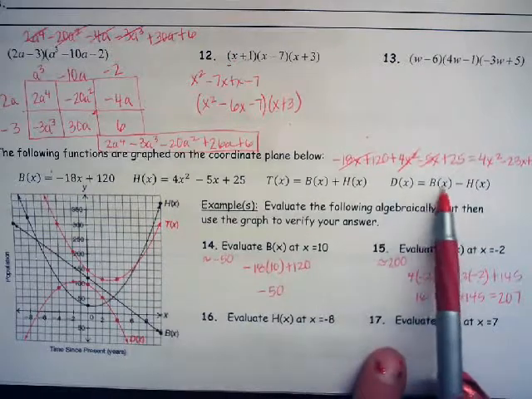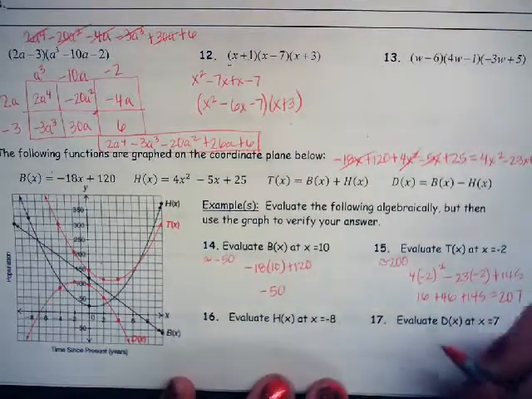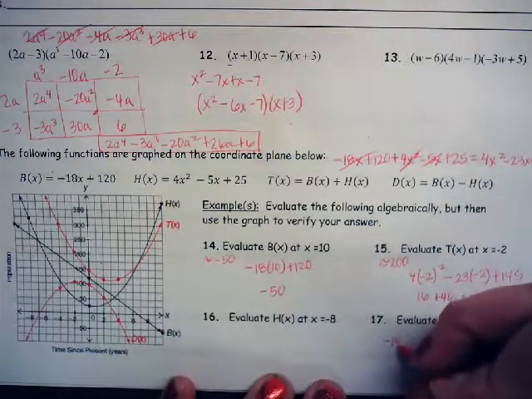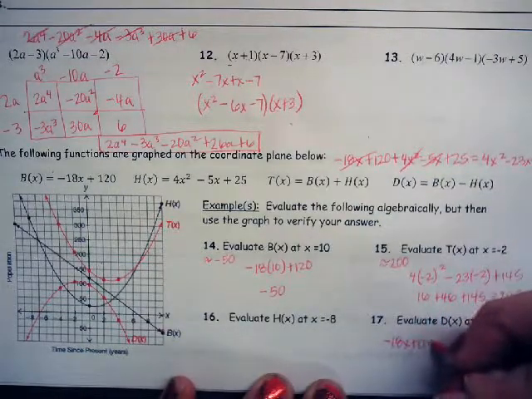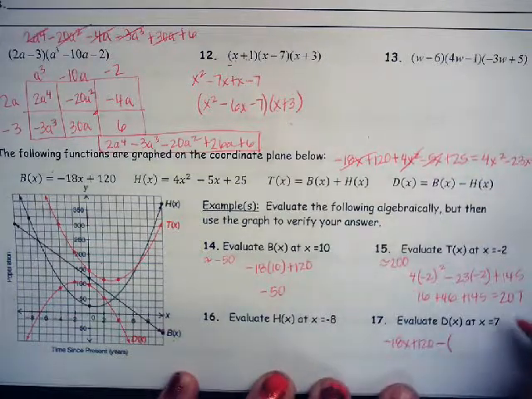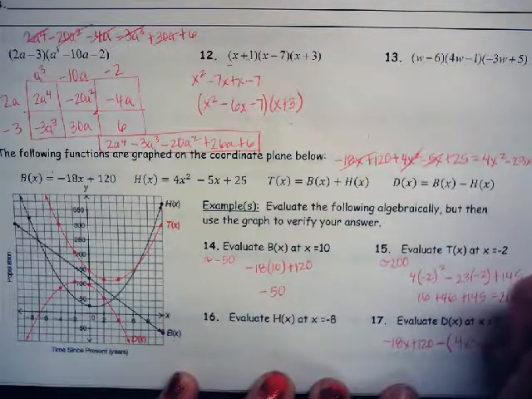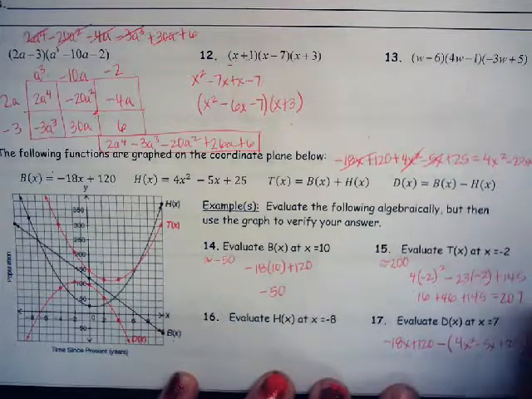So my equation for d of x is now b of x minus h of x. So I would set that up like this. Negative 18x plus 120, and I would put minus this whole thing in parentheses. Minus h of x would be 4x squared minus 5x plus 25.